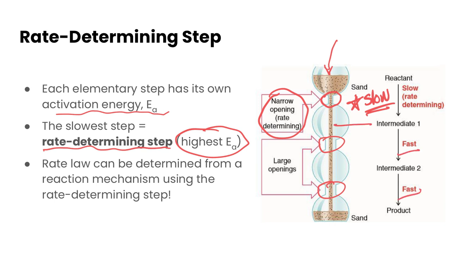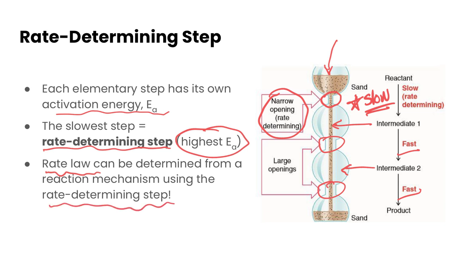In between those two, we have intermediates. Okay, so we can use the slow step of a reaction mechanism to determine the rate law for that reaction mechanism. So the rate law can be determined from a reaction mechanism using the rate determining step.